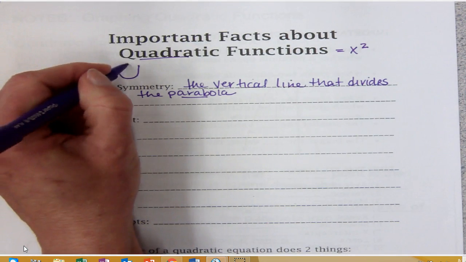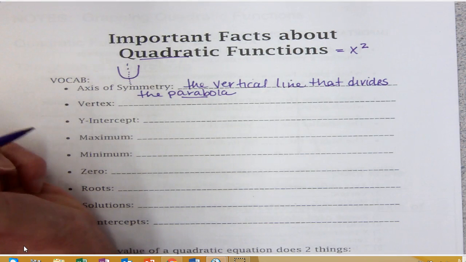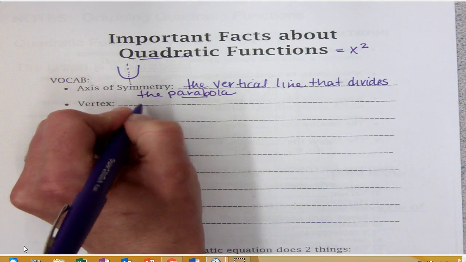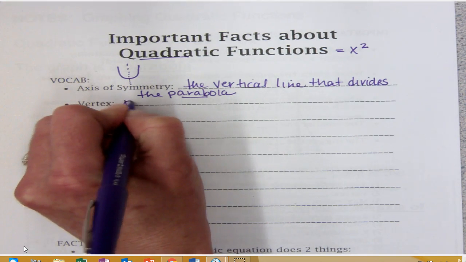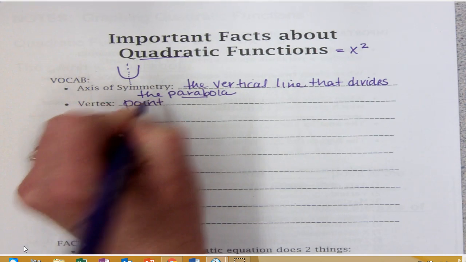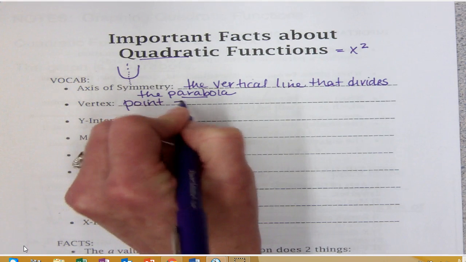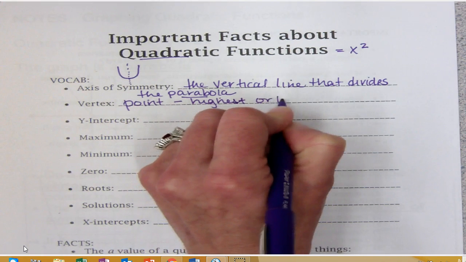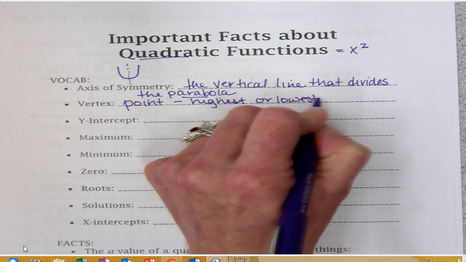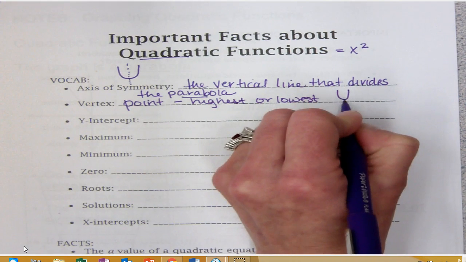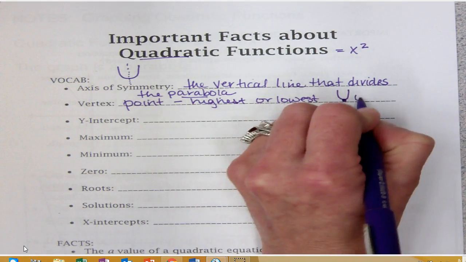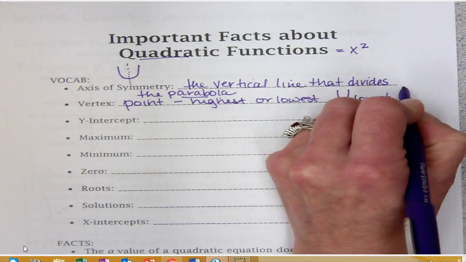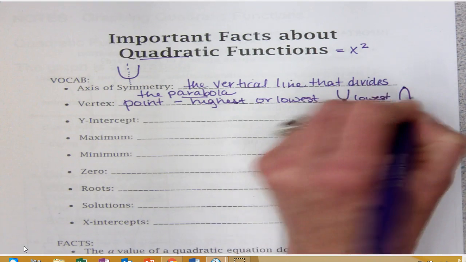So the axis of symmetry would be the line that goes straight down the middle. The vertex is the point which is either the highest or lowest, depending. So if the parabola goes this way, it would be the lowest. If the parabola goes this way, the vertex would be the highest.